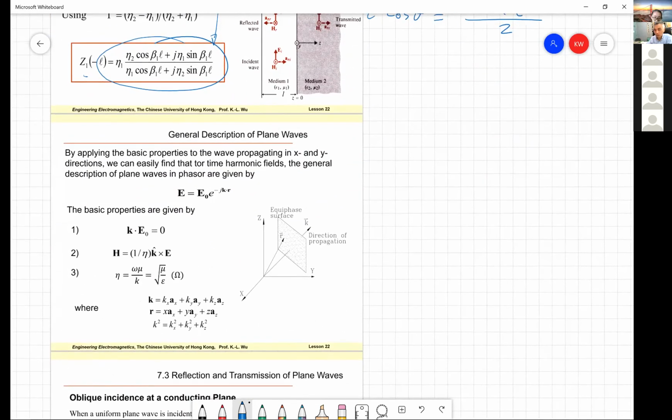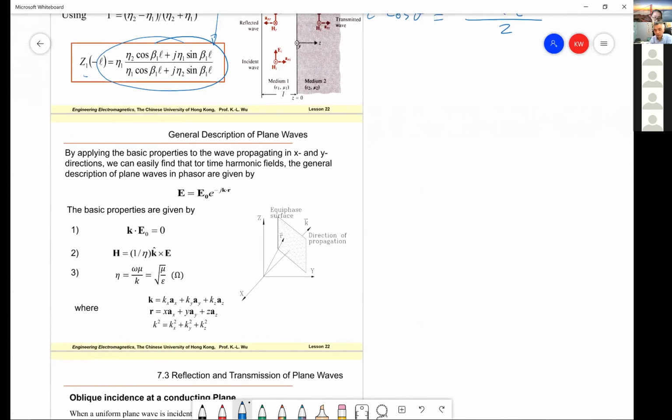Now I would like to have a more general description. We had an assignment last week, but probably many students haven't done it yet. We can write a general expression for the electric field of a plane wave. This is the general expression. This means the magnitude plus polarization.